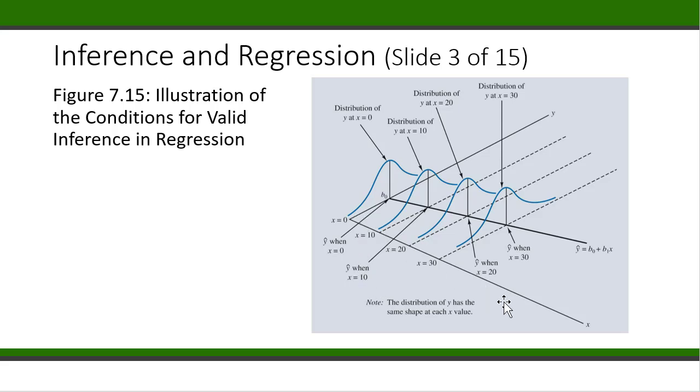So we have y going this way and x going this way, and we have different values of x, and we can see what y predicted is at each one of these x values. What we're showing here is the distribution of the error term, and so we can see that they're normally distributed with each same variance.